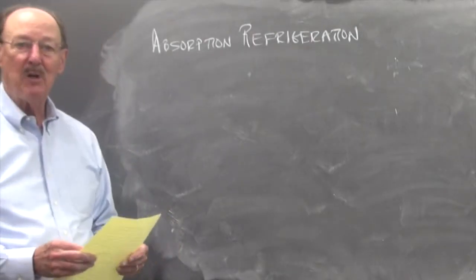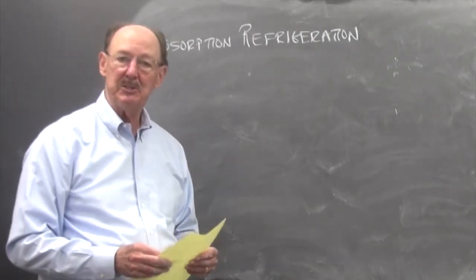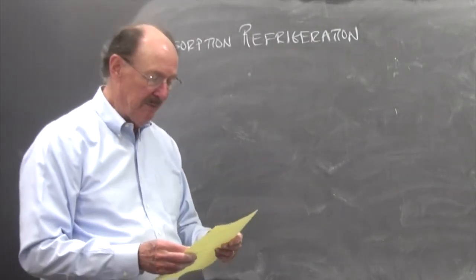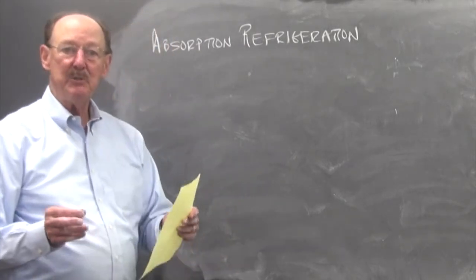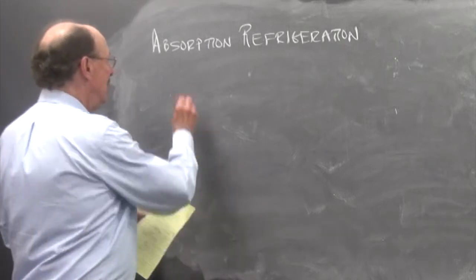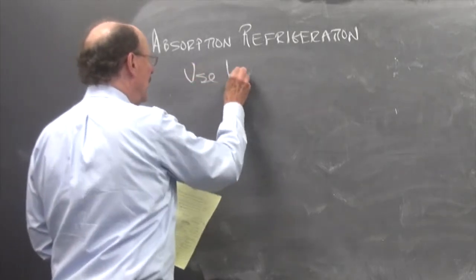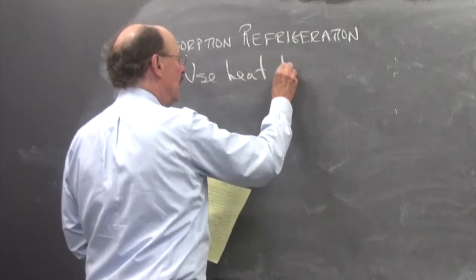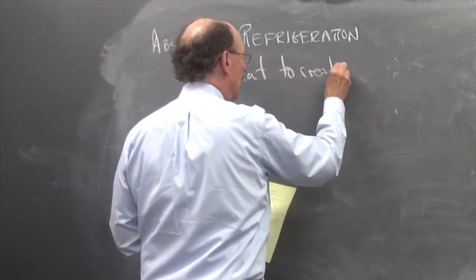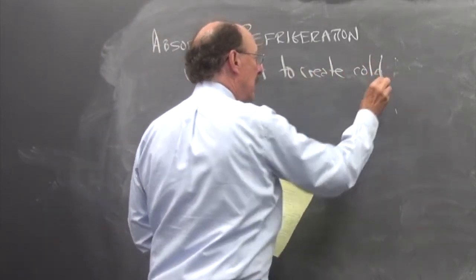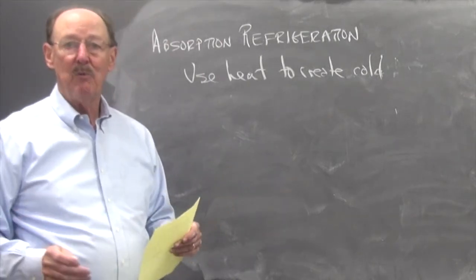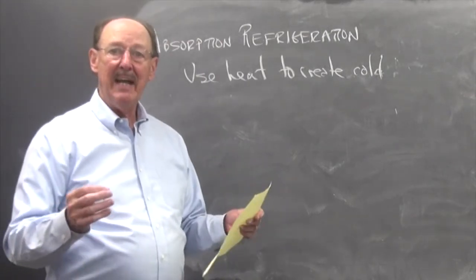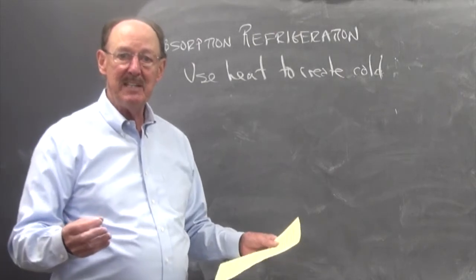So the last topic I wanted to talk about qualitatively, in the book it's talked about quantitatively as well, is something called absorption refrigeration. And this is where we use heat to create cold. Absorption refrigeration systems are what are used in large office buildings where you have hundreds of tons of air conditioning refrigeration that needs to be done.